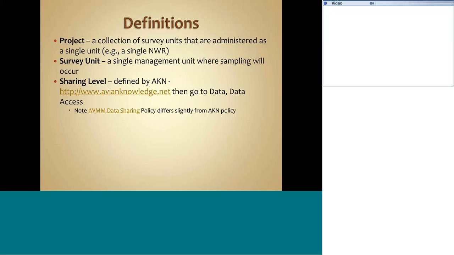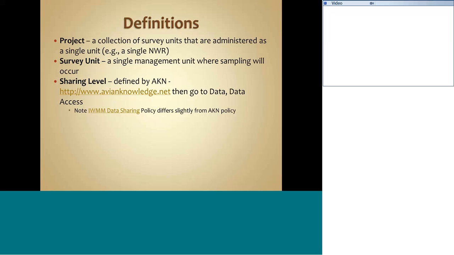Just a few definitions here. Everybody that's participating in IWMM is doing so under the guise of what is called a project. So that is the equivalent, for those of you in the Service, of a refuge or a complex, depending on how you're set up. But it is a collection of individual survey units that are managed by a single project leader.